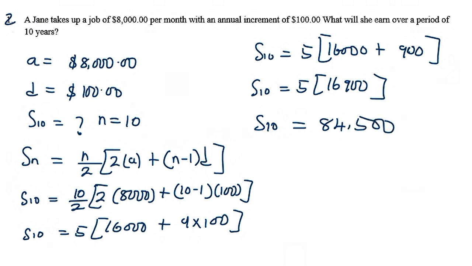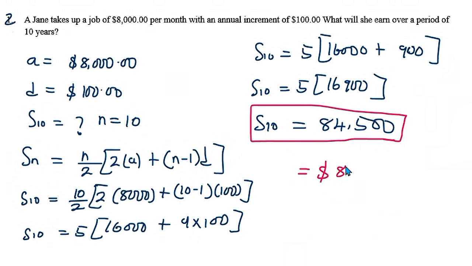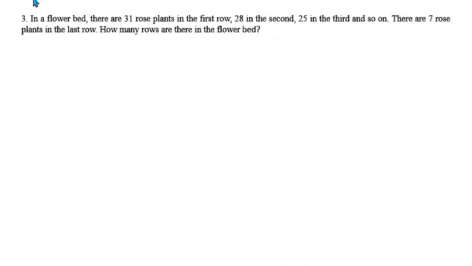So it means that at the end of 10 years, Jane's salary will sum up to 84,500. Okay, so maybe we could see that this will be $84,500. Okay, so let's take a look at another question.